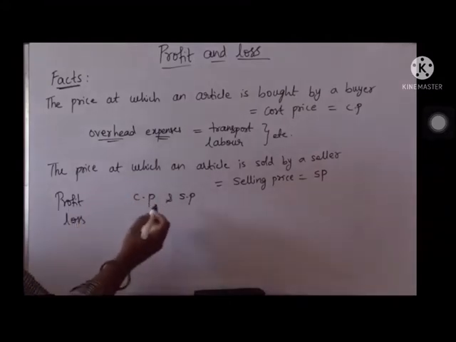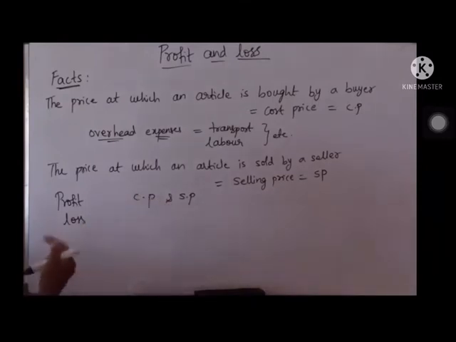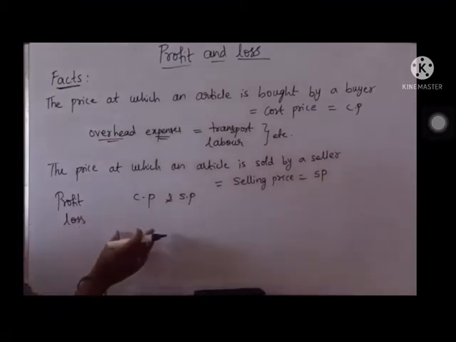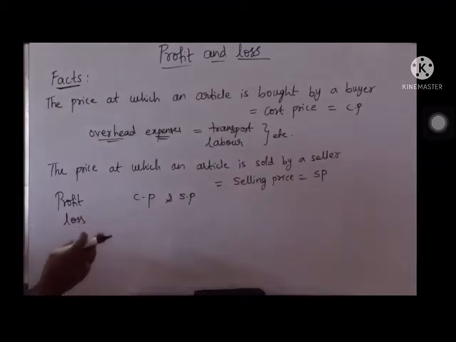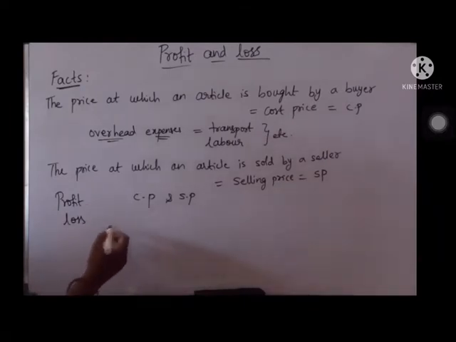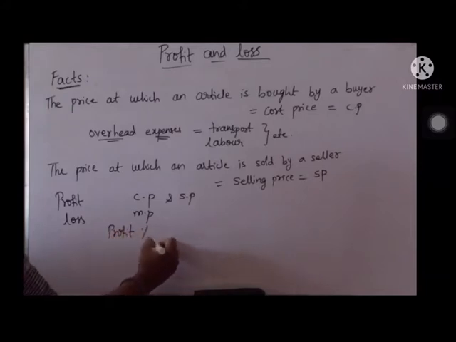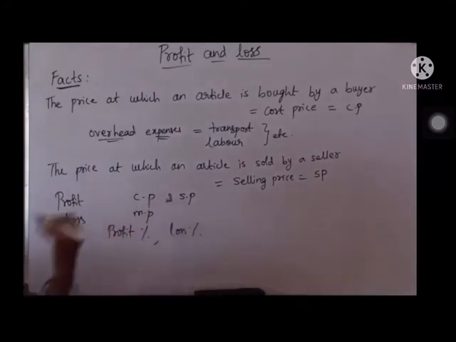Based on the values of these prices, we can calculate the profit gained or the loss incurred on a particular product, right? The important terms covered here are cost price, selling price, market price.